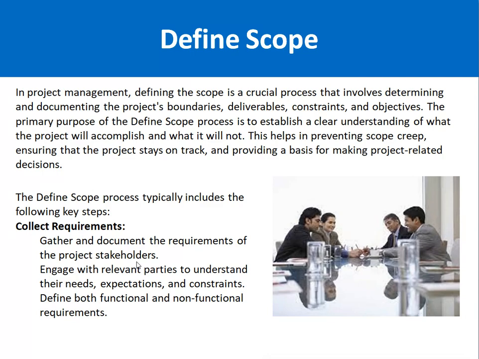You engage with different parties, like the customer, the internal management, the functional management, and technical experts. Especially, you sit with the customer and try to understand their expectations, their needs, their pain points, what the constraints and limitations are in terms of time and cost, and define the functional and non-functional requirements.